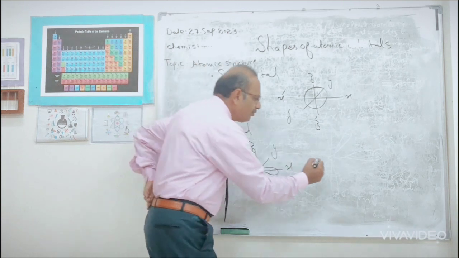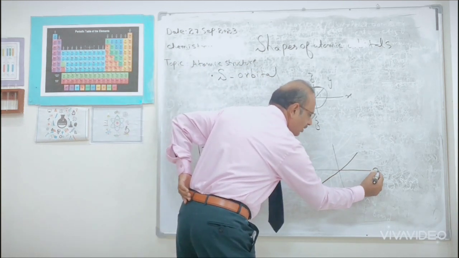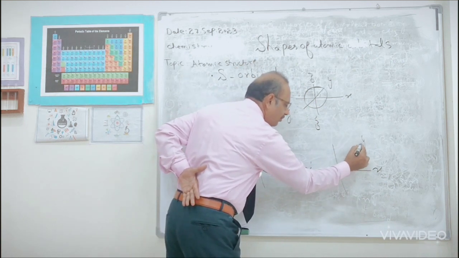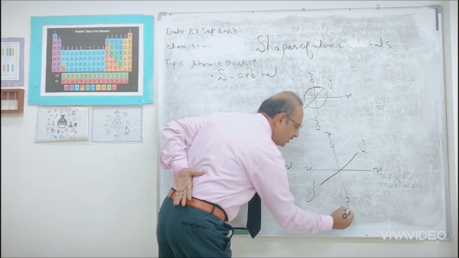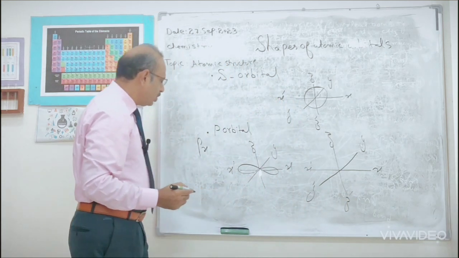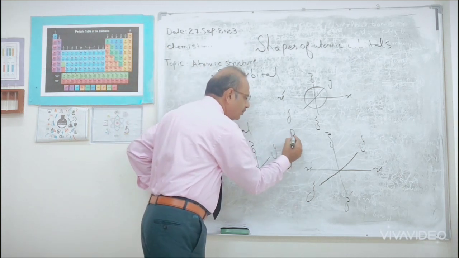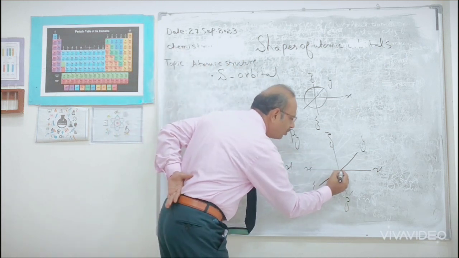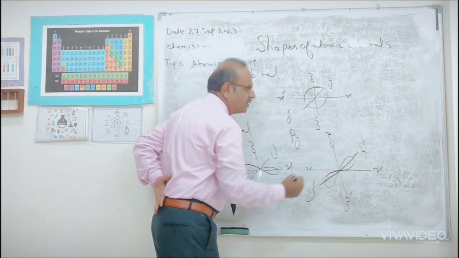And to show py, again you show the x-axis, y-axis, and z dash. For the py atomic orbital, you show it on the y-axis. Look, this one.